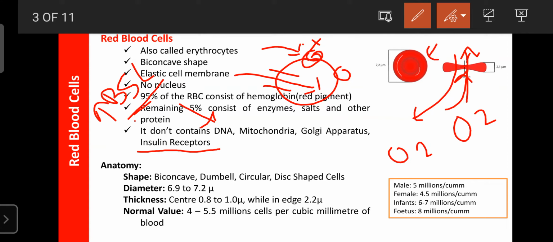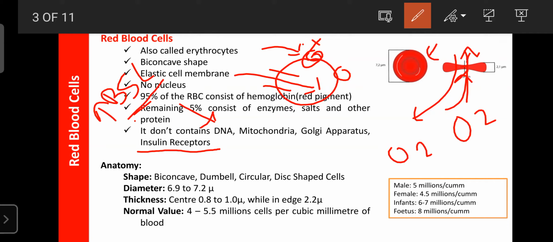As the growth rate is more, the utilization of oxygen is also more, because oxygen is required for every metabolic and biochemical process taking place inside the body. That's why in infants and fetus the RBC range is 6 to 8 million per cubic millimeter of blood as compared to adult males and females.